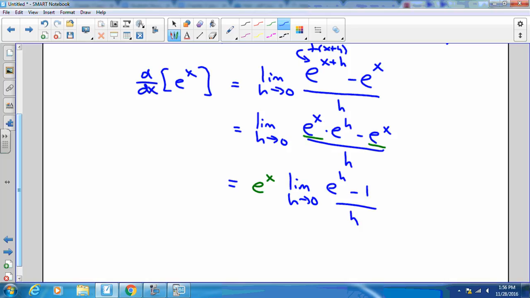But hey, we know this limit. This is our special limit that we just calculated. What's its value? 1. So this whole thing goes to 1, and look at what we're left with. The derivative of e to the x is e to the x. The derivative of e to the x is itself. What an interesting and fascinating result.